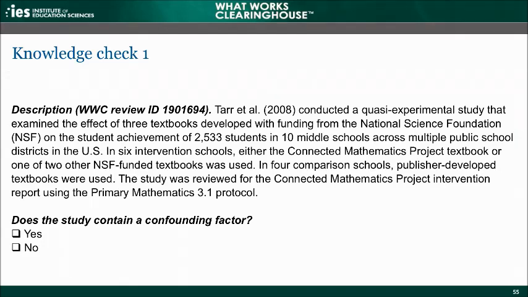So let's go ahead to the next slide and take a look at the answer.